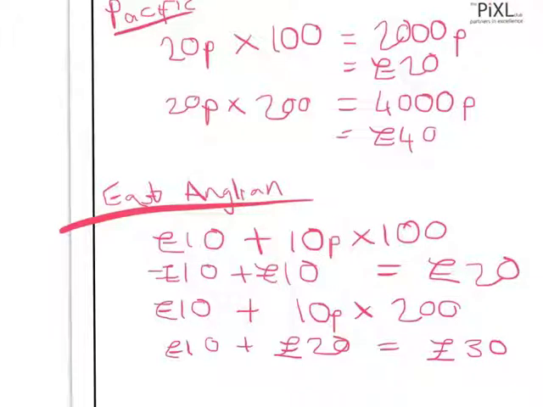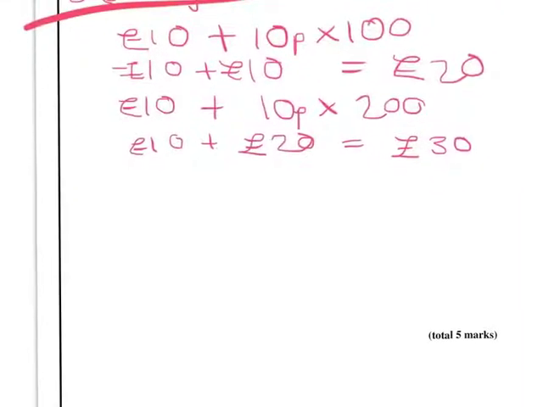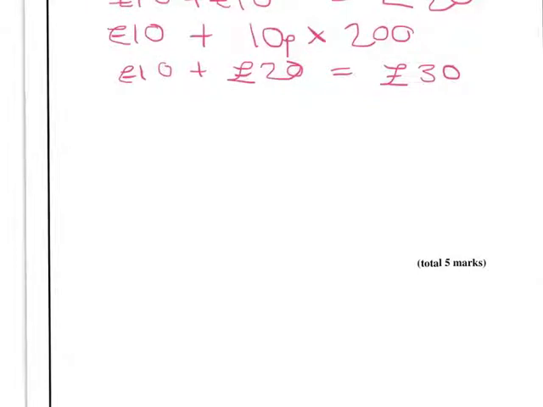So first of all, if you use Pacific, it's going to go up to £40, which is more than the other company. It's more than £30.